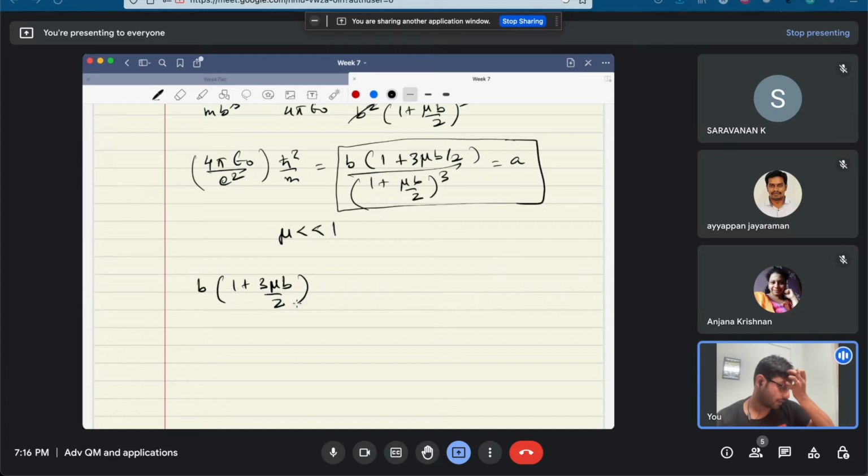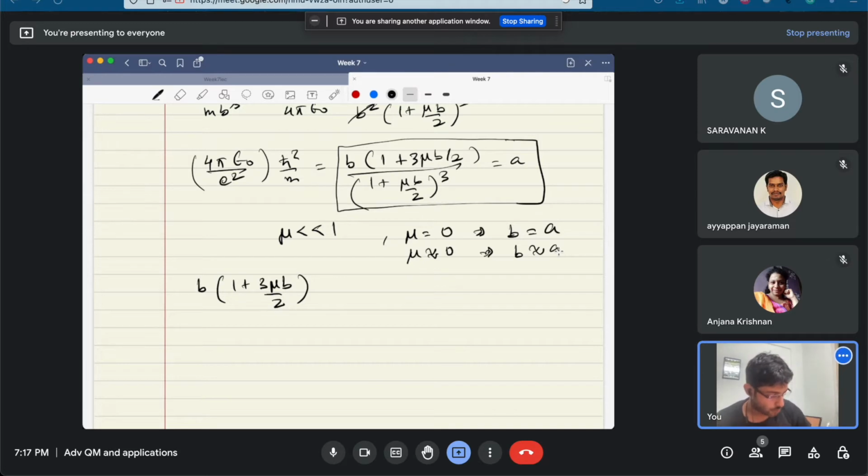Okay, so one thing is for sure. If you have mu equal to 0, what you essentially get is b equals a. So under the condition when mu is not present, b is equal to a. So you can also get a rough analogy that if mu is almost equal to 0, then b is also almost equal to a. That is what you are supposed to get in the end.